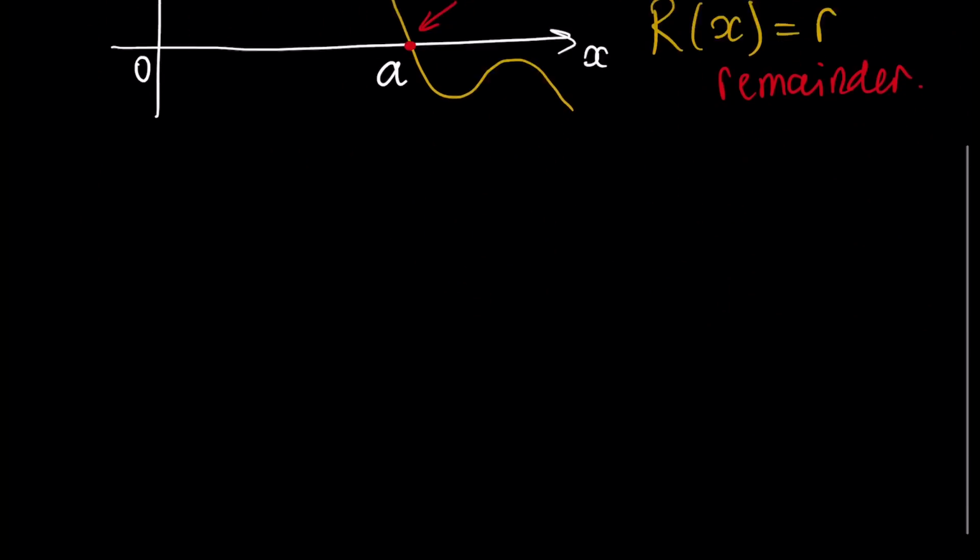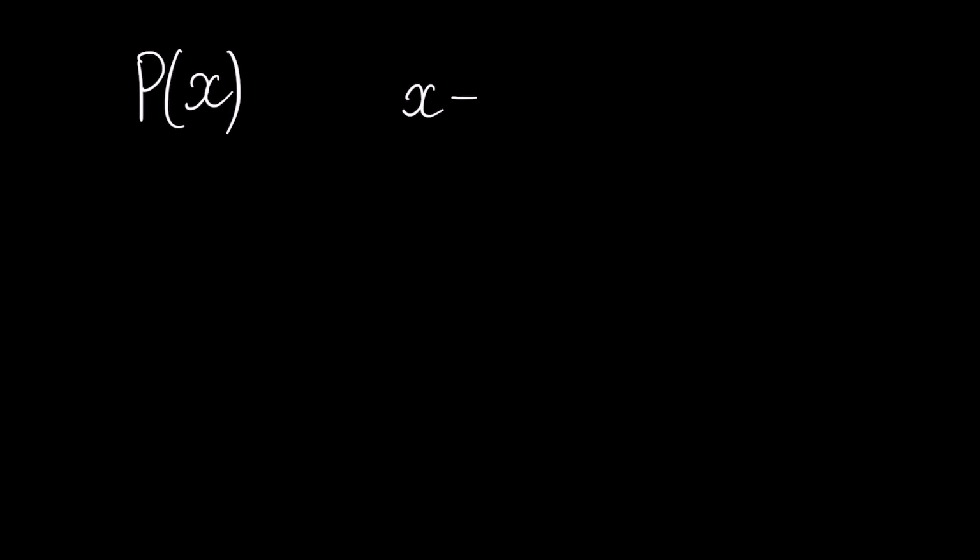To formulate Bezout's theorem, let us assume we have a polynomial p of x, and let us divide this polynomial by this polynomial. It's also called a binomial.